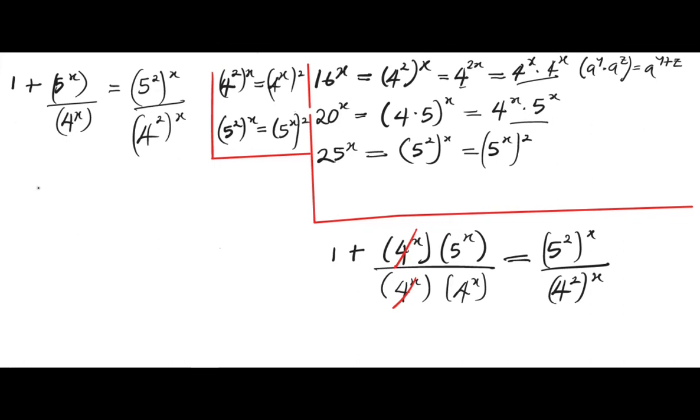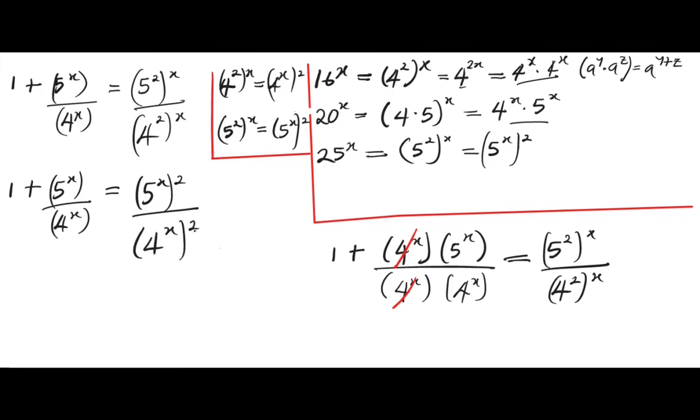So we have 1 plus 5 raised to the power of x divided by 4 raised to the power of x equals 5 raised to the power of x all squared divided by 4 raised to the power of x raised to the power of 2. So this is pretty much the same using this concept.